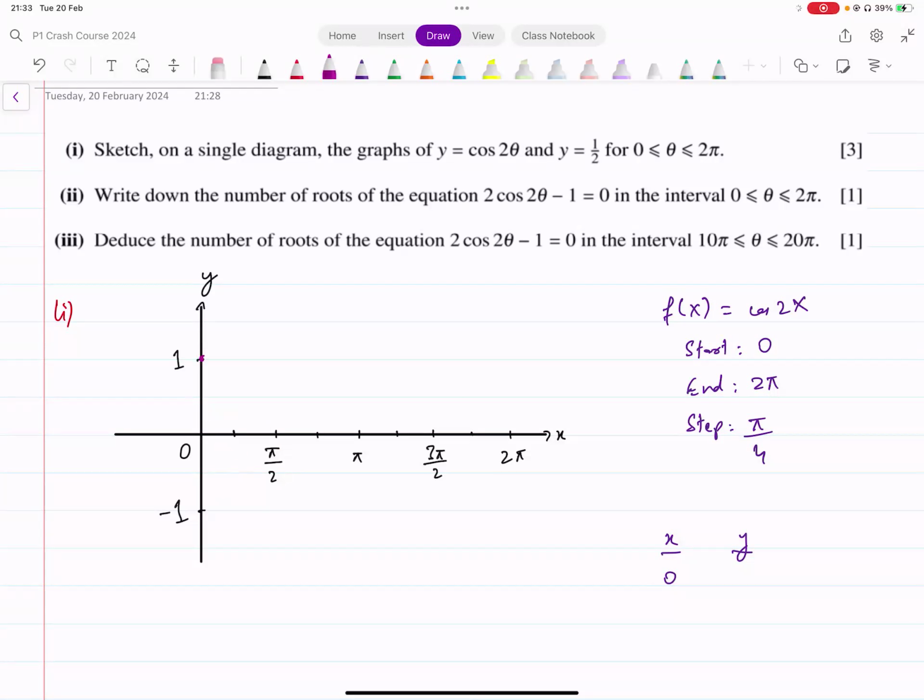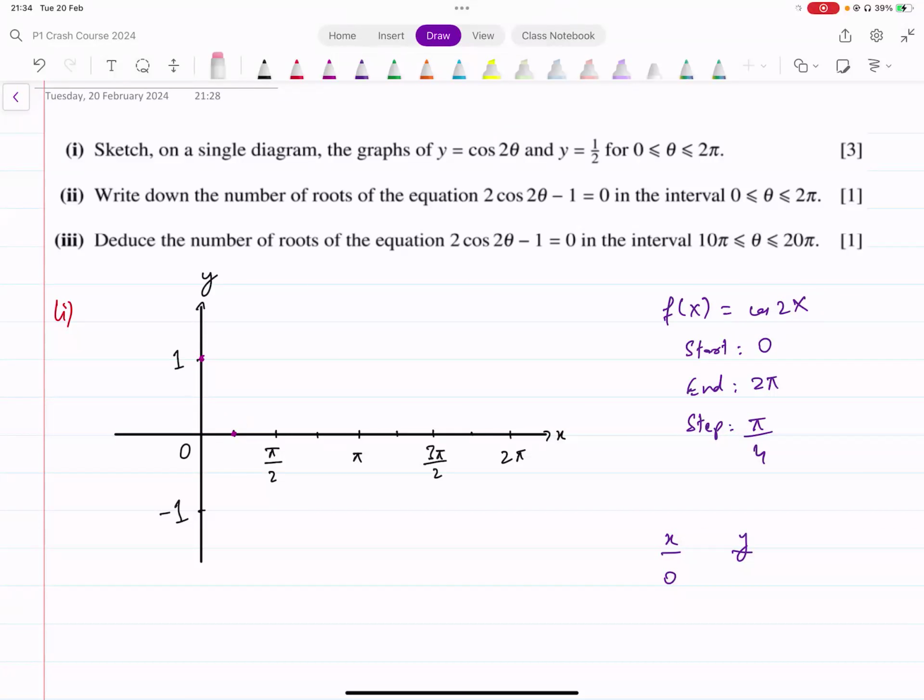And then, what about pi over 4? Remember, it's 2 theta, so make sure that you're writing the function correctly there.